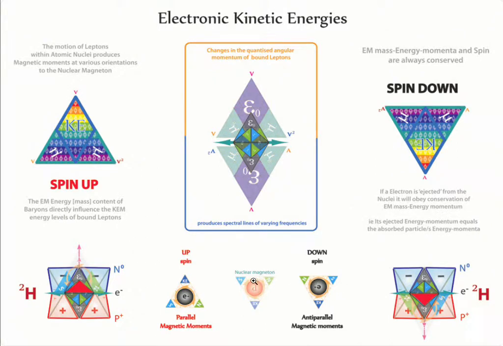Anti-parallel, obviously it's reversed compared to the nuclear magneton, whereas the parallel has the same arrangement. The parallel has more energy because the similar magnetic poles will repel, so they are storing more energy, whereas the downspin couples and they have less energy.